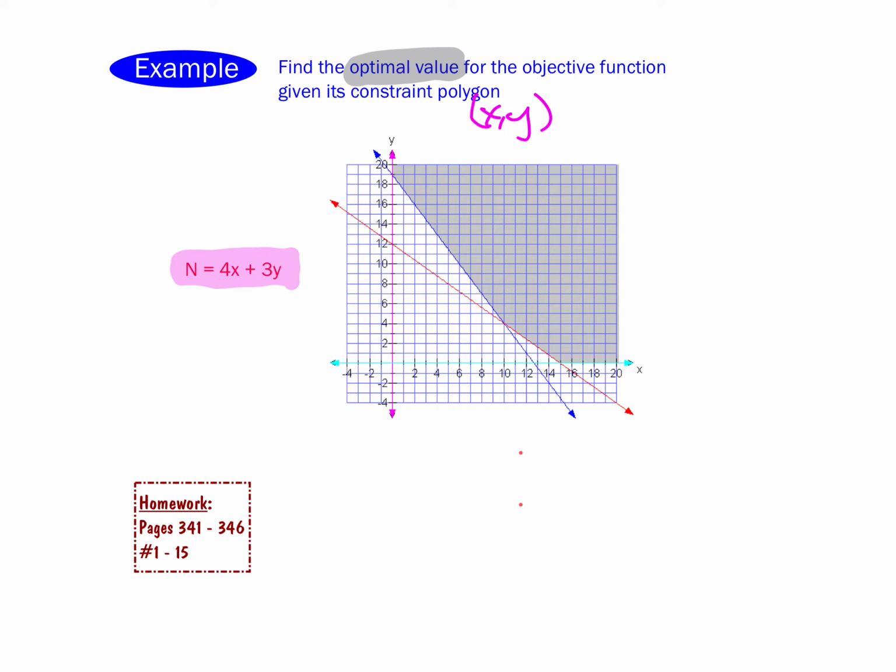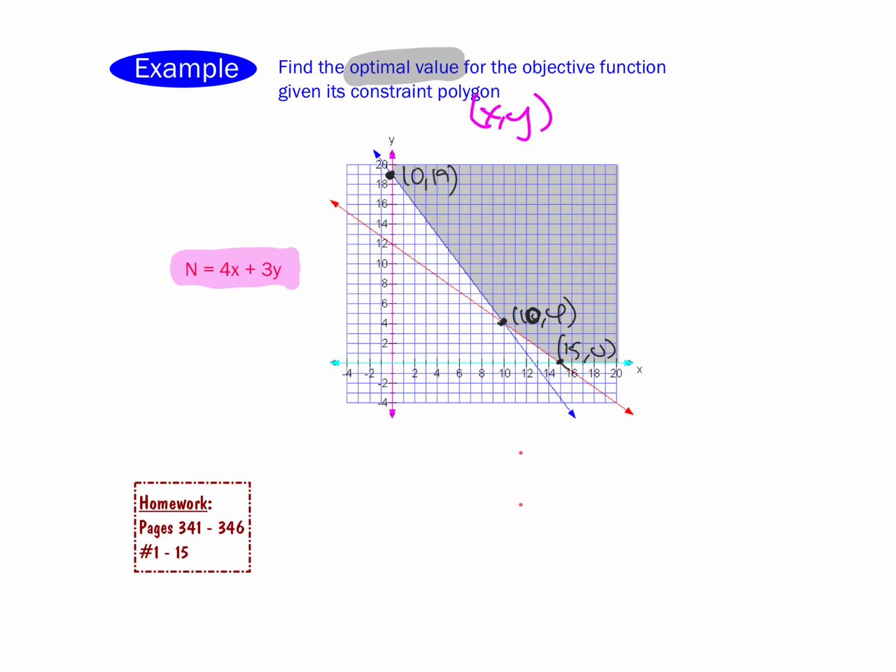So which one of these corner points is going to help us minimize this? Is it going to be this one, this one, or this one? This one is 0 and 19. This one is 10 and 4. And this one is 15 and 0.